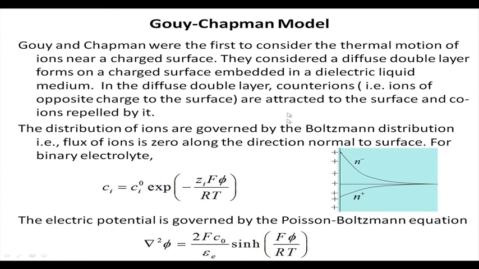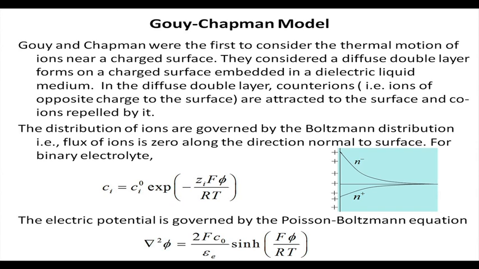So, Guy and Chapman considered a thin layer over which the electric potential is governed by the Poisson-Boltzmann equation, and the ion distributions are governed by the equilibrium Boltzmann distribution.